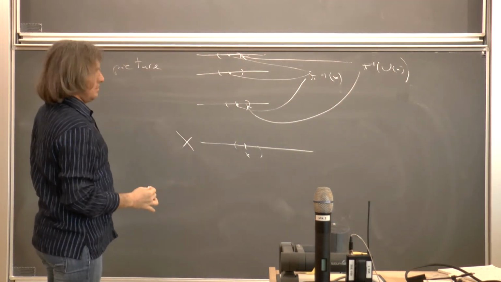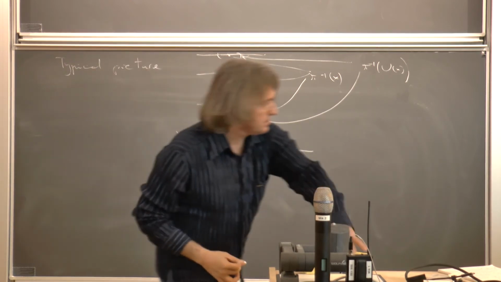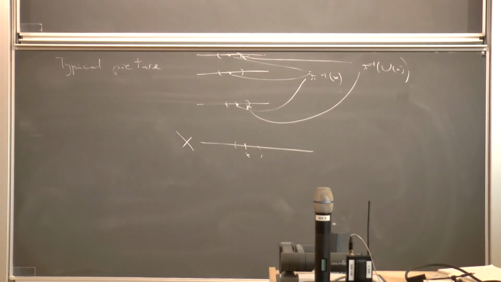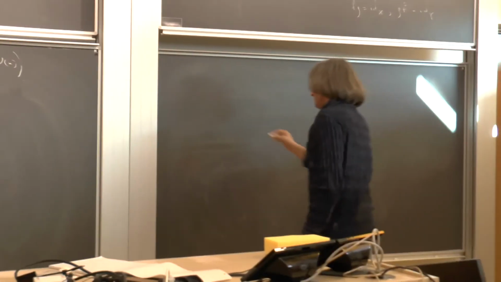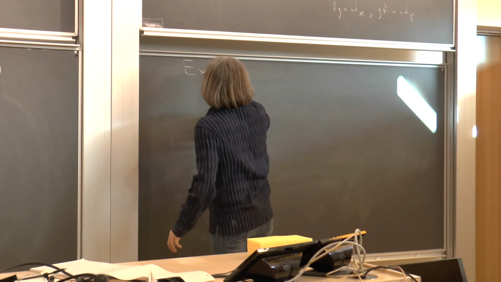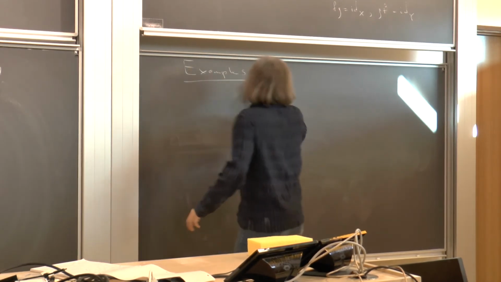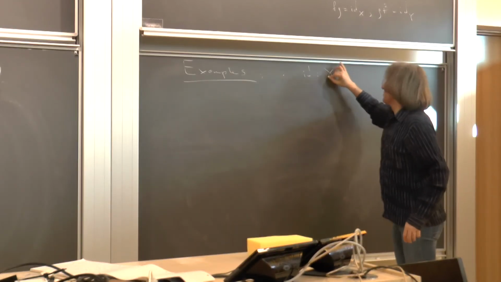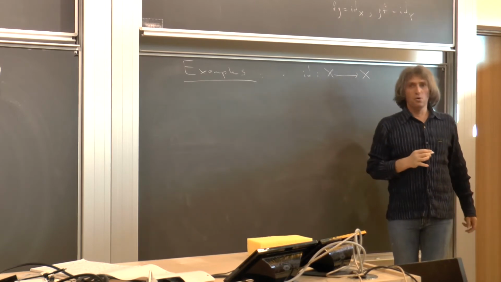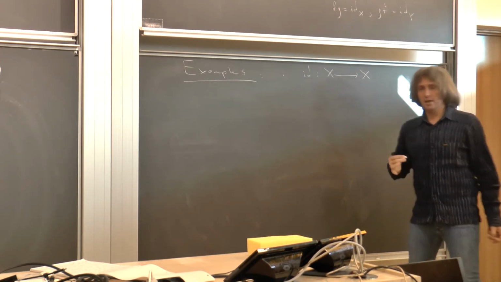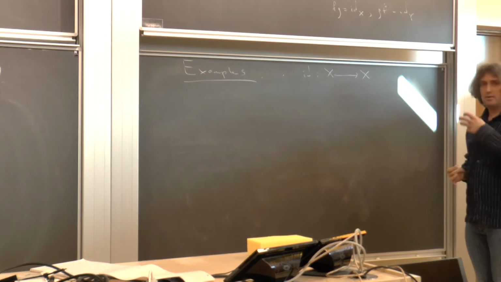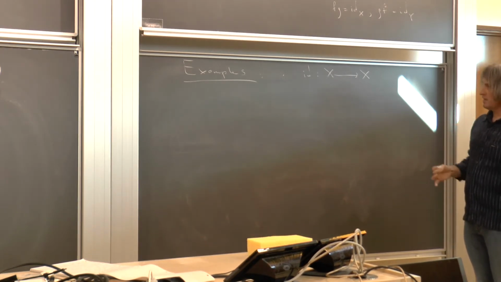So, the examples. Of course, the main example is the identity map. The identity map definitely satisfies all of these. The preimage of every point is this point itself, the preimage of every neighborhood is this neighborhood itself. So, true.